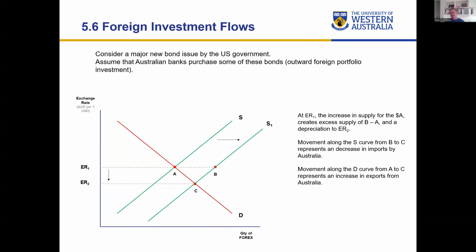And maybe Australians might also cut back their demand for some foreign assets as well when the exchange rate falls. Okay, so you can see from this example and the previous one, whenever we have a mining boom or a big purchase of foreign assets by an Australian bank or some other Australian entity, the exchange rate then reacts and it has flow-on effects to other parts of the economy.